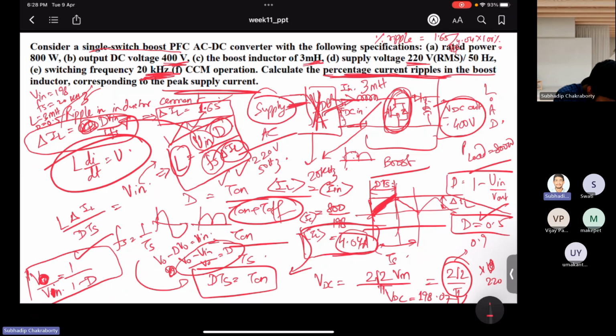What is the answer coming? 5.14, yes. This is 5.14, root 2 times 4.04, that peak. I want that peak AC amplitude, right? That is 5.14. So 1.65 divided by 5.14, around 32% is coming.